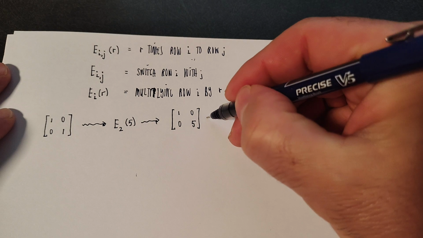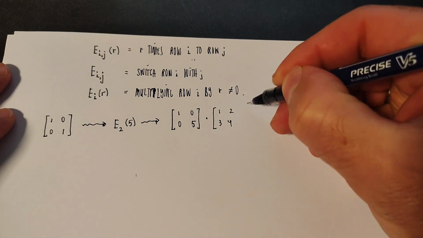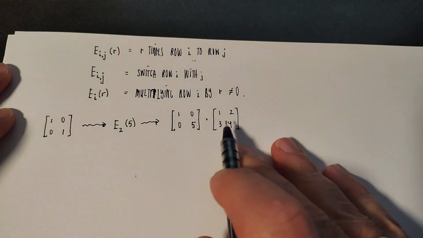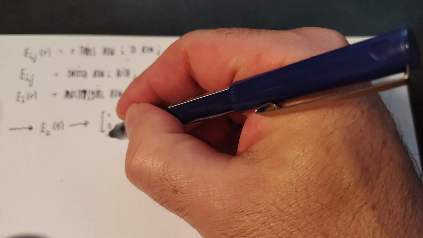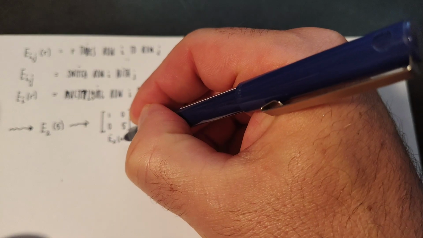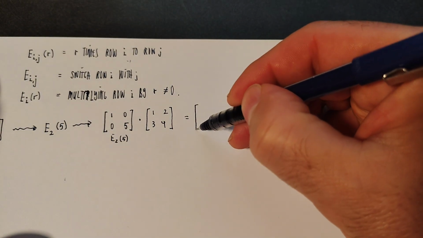And if we multiply our basic demonstration matrix here, 1, 2, 3, 4, by that elementary matrix, all right, so again, this is E2 of 5, let's just do the math and see what we get.